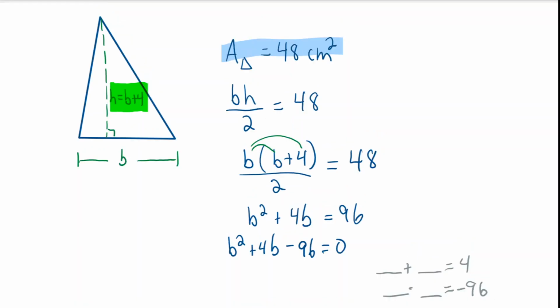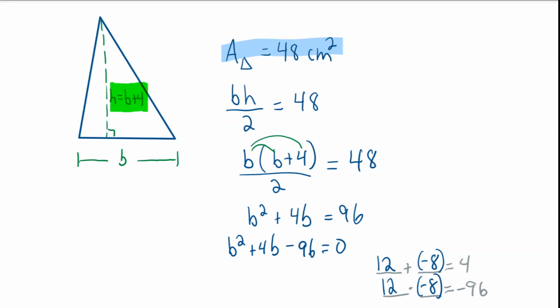With some trial and error, you'll get 12 and negative 8. Right? Because 12 plus negative 8 is 4, and 12 times negative 8 is negative 96.